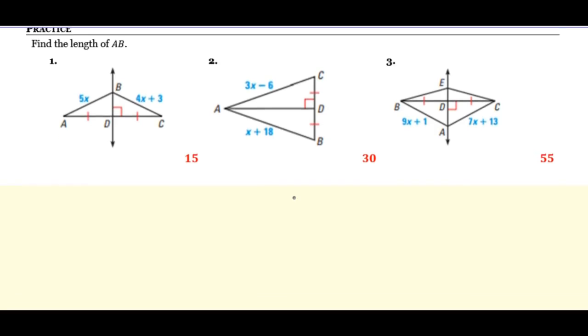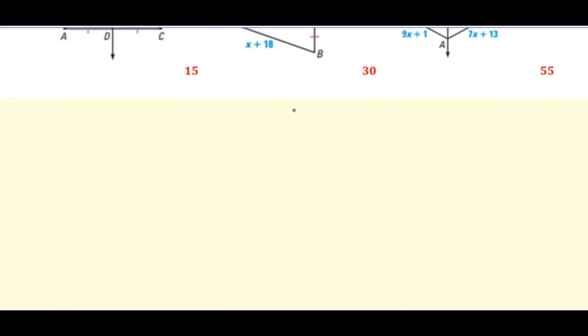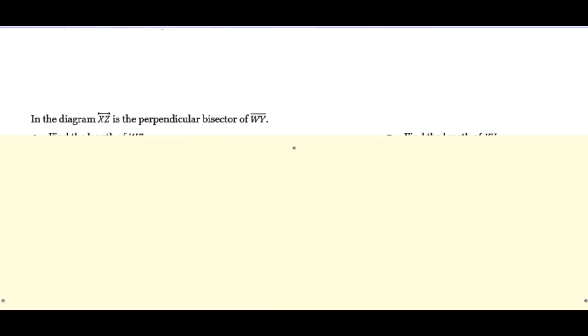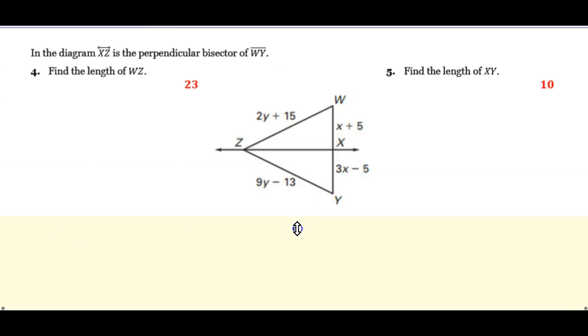And in number 3, that's 55. The next two problems, we are told that XZ is the perpendicular bisector of WY. We wanted to find the length of WZ, which was 23, and the length of XY, which was 10.